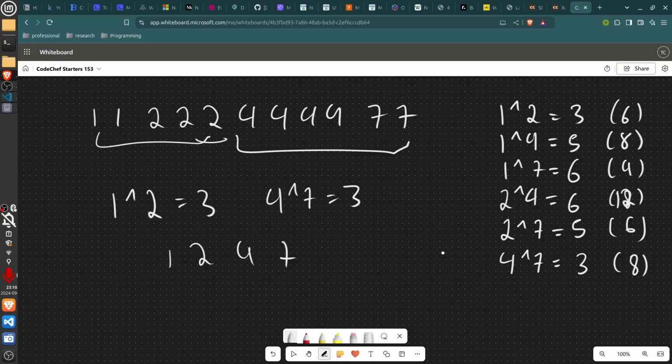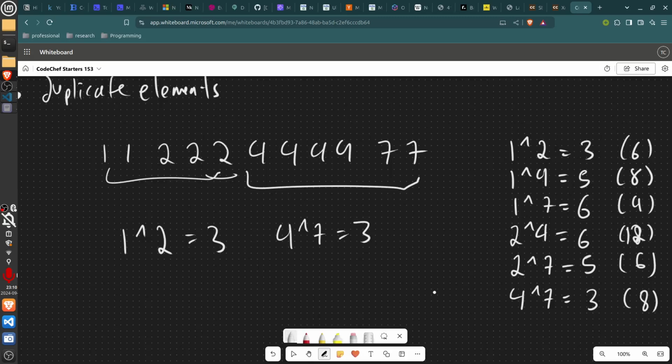The difference here is that you need to count this particular way. So 1 and 2 with 4 and 7 works as a quadruple. This works because the 1 XOR with 2 and the 4 XOR with 7 work. And because all the elements are distinct, it follows the property above. So the middle terms and the outer terms will always work.